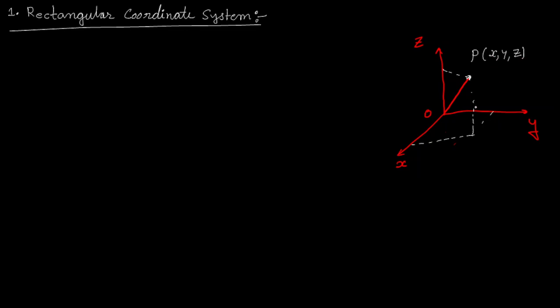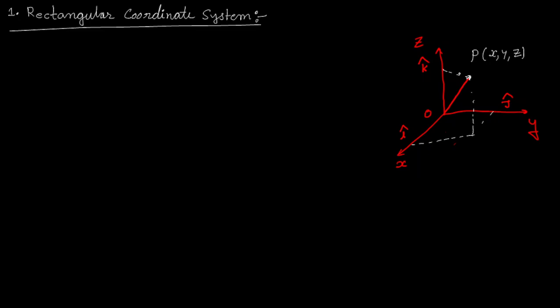Also, in the rectangular coordinate system, we define a set of unit vectors. We define a unit vector i cap. i cap always represents a unit vector along the positive x-axis, j cap represents a unit vector along the positive y-axis, and k cap represents a unit vector along the positive z-axis.